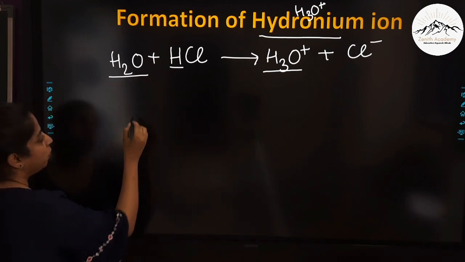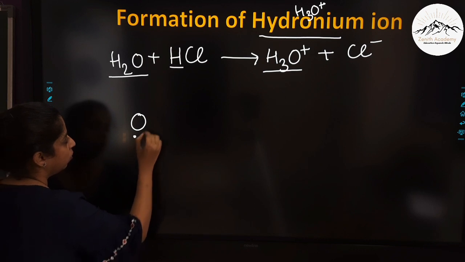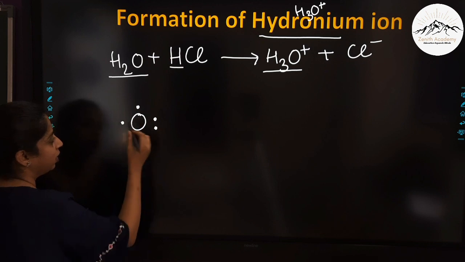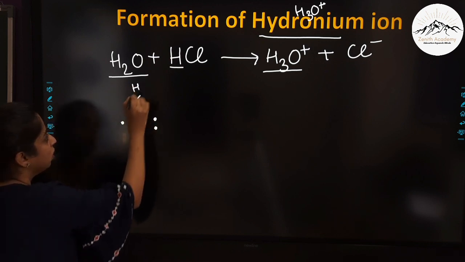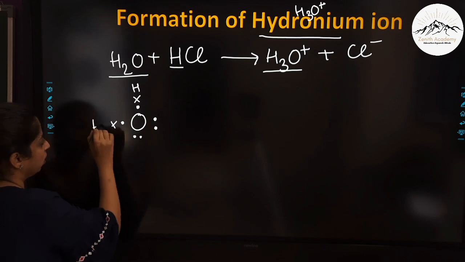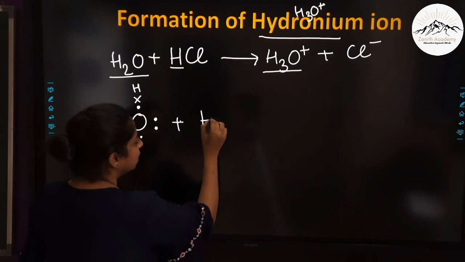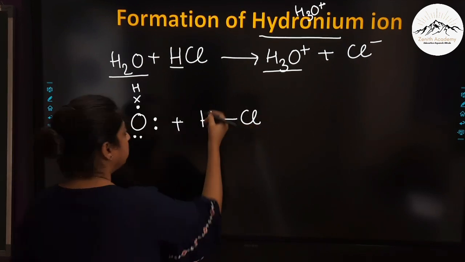Now we draw the water molecule once again. Oxygen, 2 lone pairs of electrons. So how many electrons are there? 6, 1 from hydrogen, 1 from hydrogen. Now here if you draw this HCl, this is slightly positive, this is slightly negative.